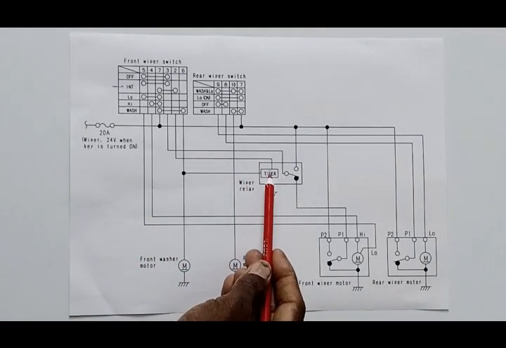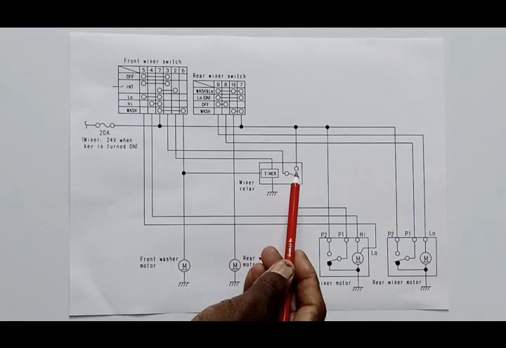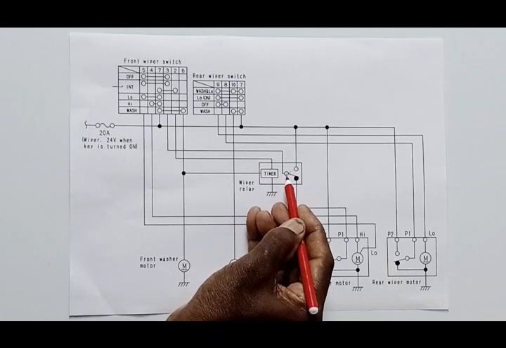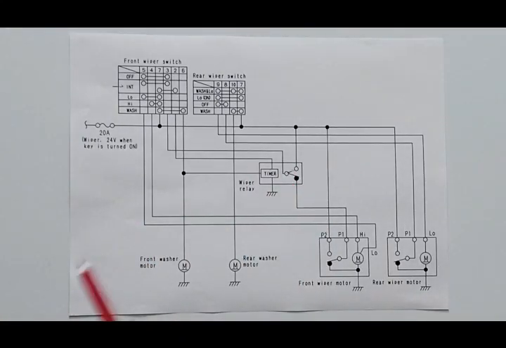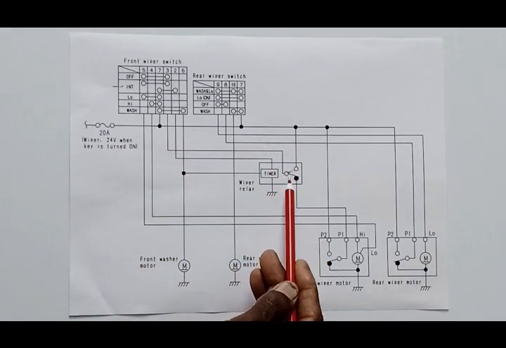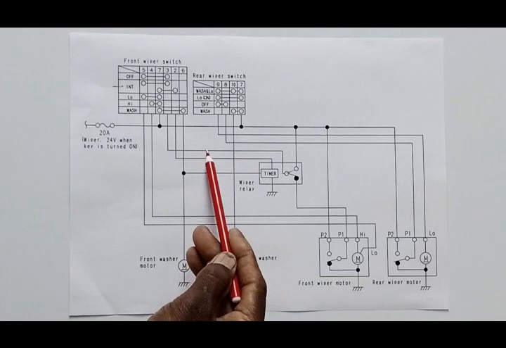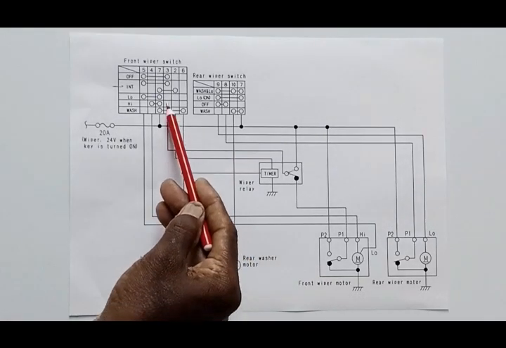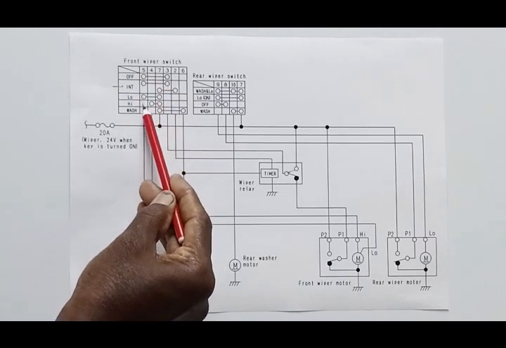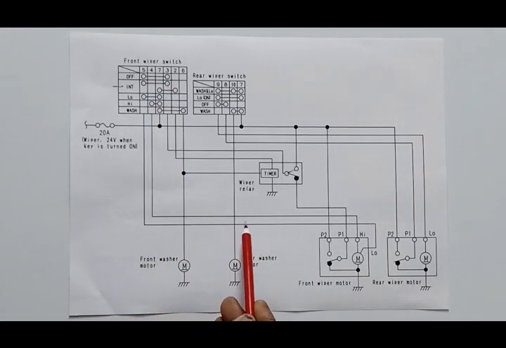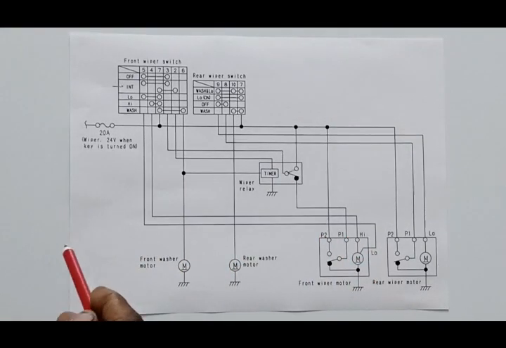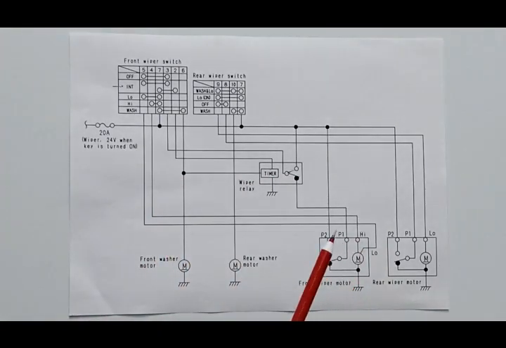As soon as this timer becomes on, this switch becomes closed here, and the current which is already flowing from the fuse reaches here, and after it goes to this space, and it comes to the low point and the motor starts working.